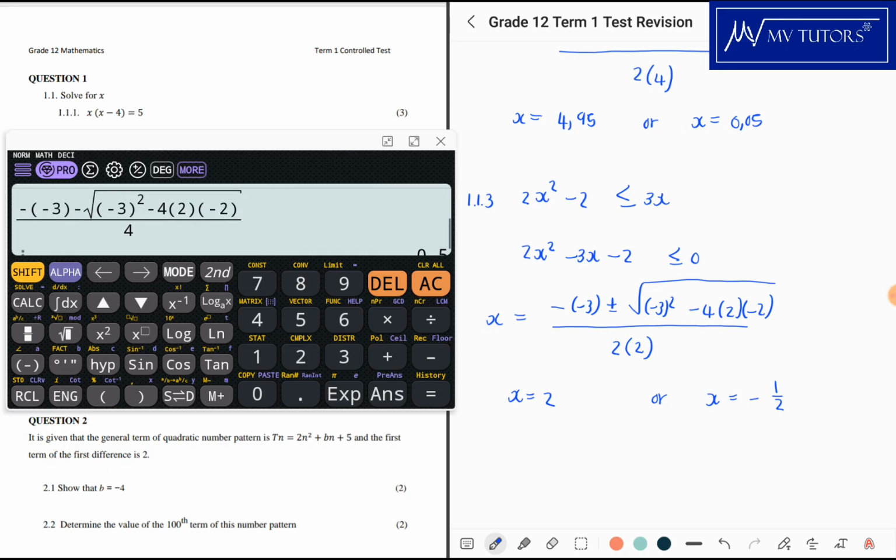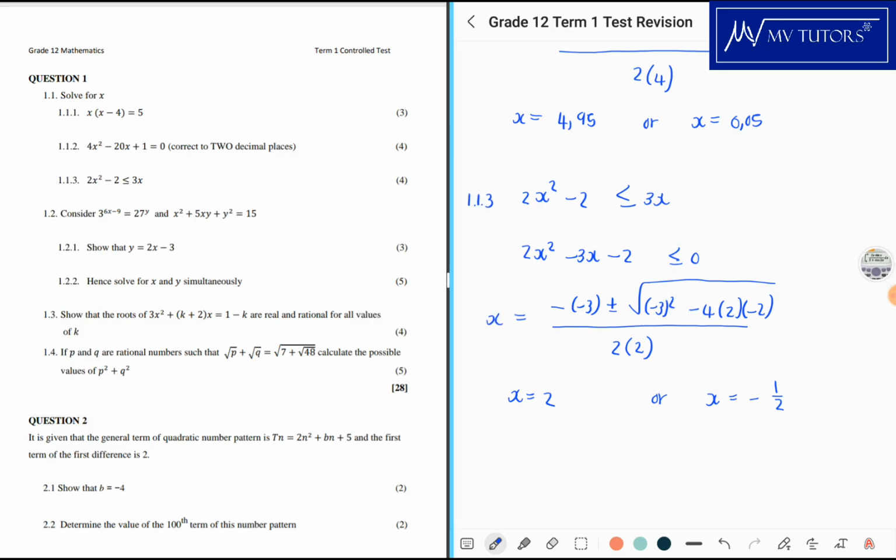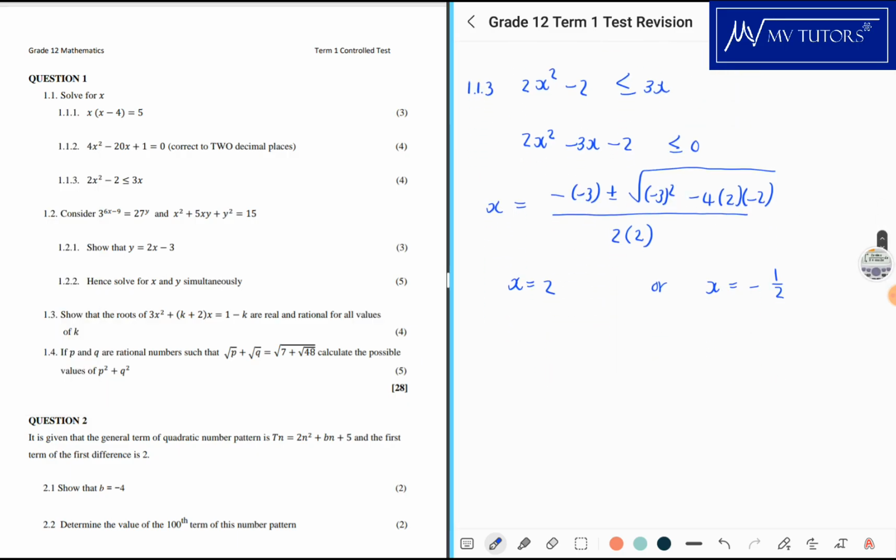Now, we have 2 or negative a half. If I were to draw this parabola, this quadratic function, it's a smiley face parabola. The lines could be better. Let's do better.